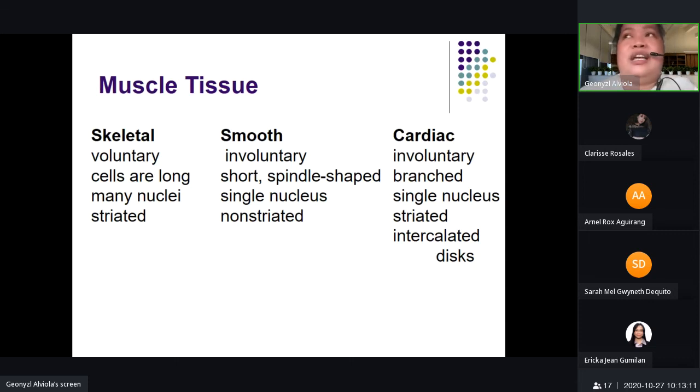What else? In terms of location and number of nucleus inside a cell. So these are the categories that differentiate the three types of muscle tissue.